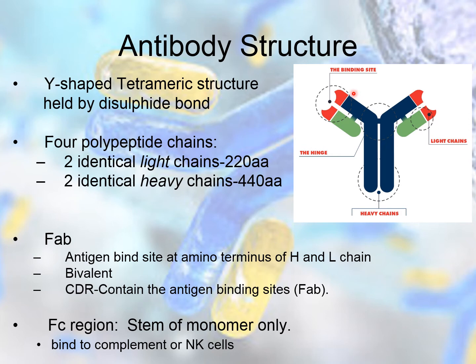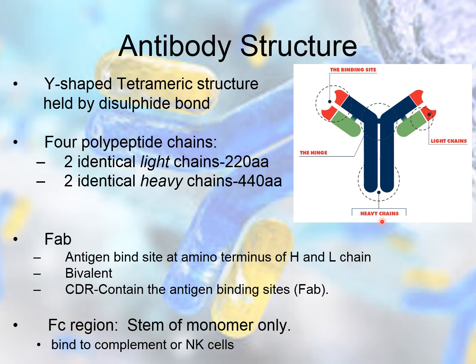This region is also called the paratope. Actually, this is the region which binds to the epitope and recognizes it. So this region is composed of both light chain and heavy chain regions. An antibody, as in this case, is bivalent because it has two sites of attachment for epitopes.